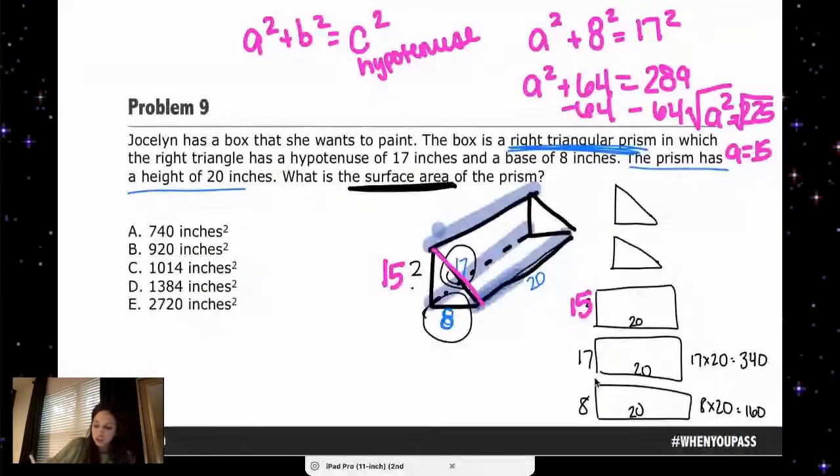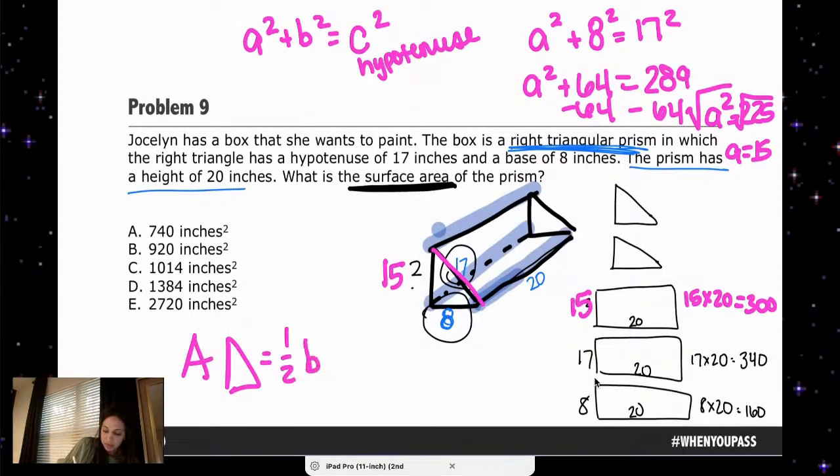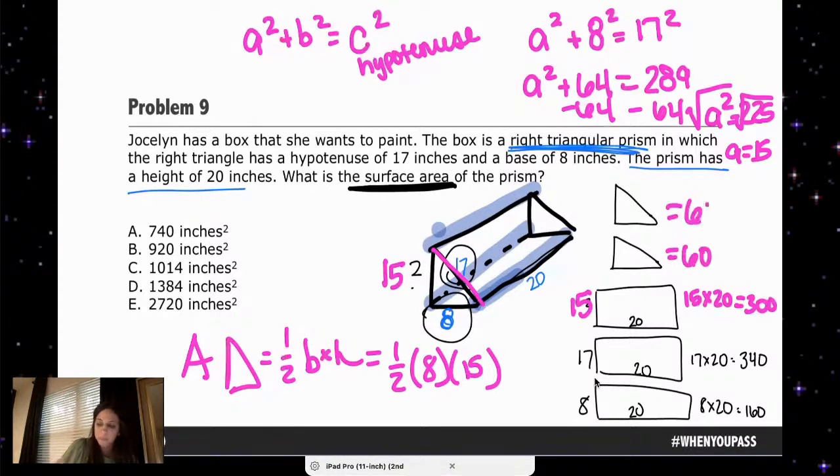So 15 times 20 is 300. And now I can find the area of my triangle. 1/2 base times height, 1/2 times 8 times 15 is 60, but I have 2 of them.